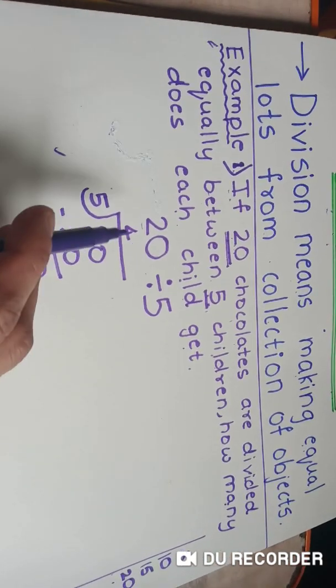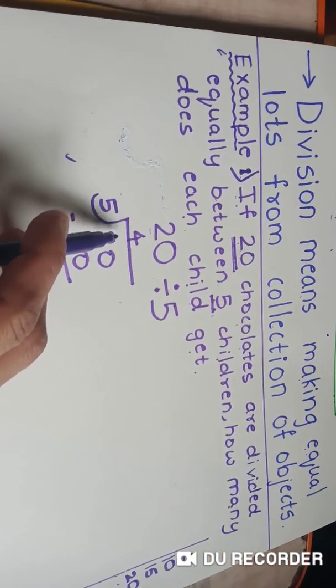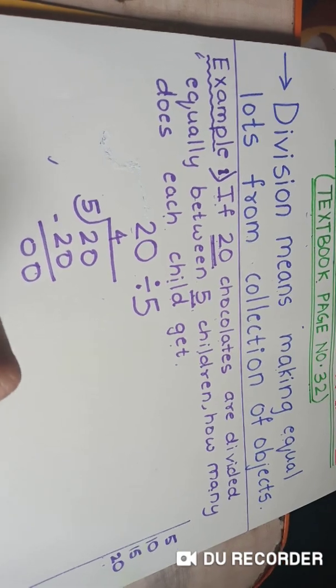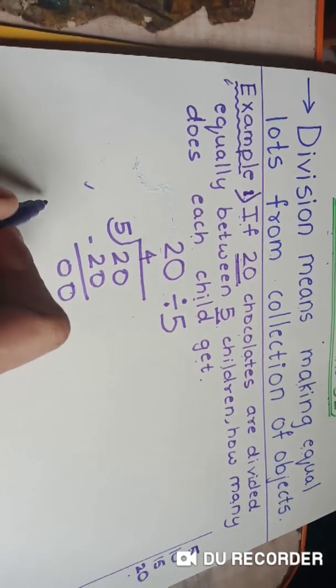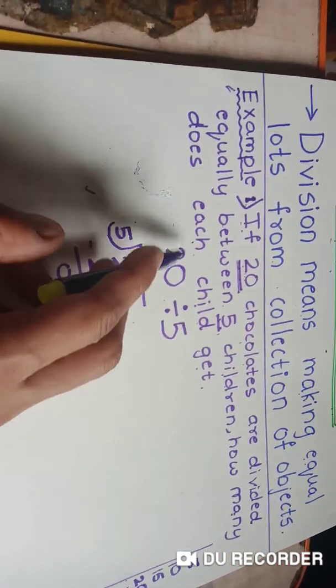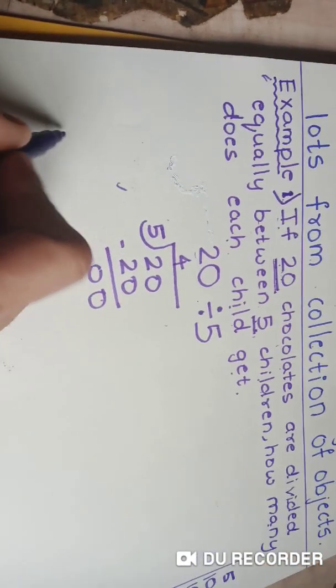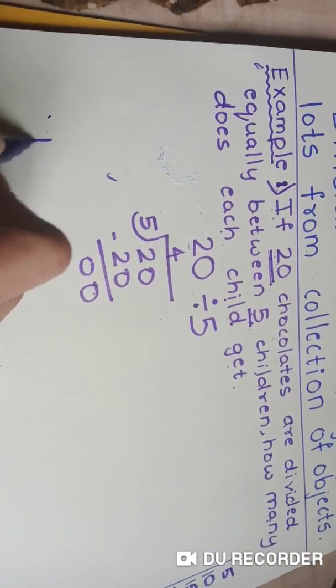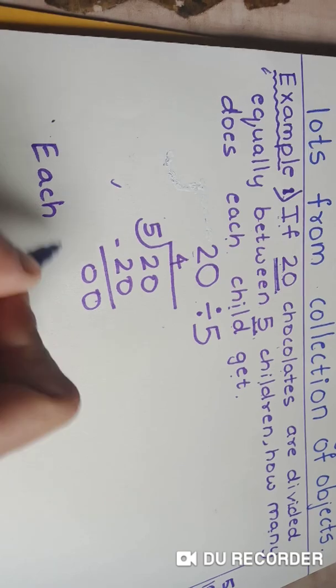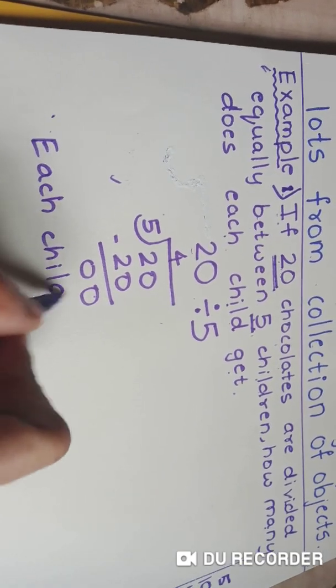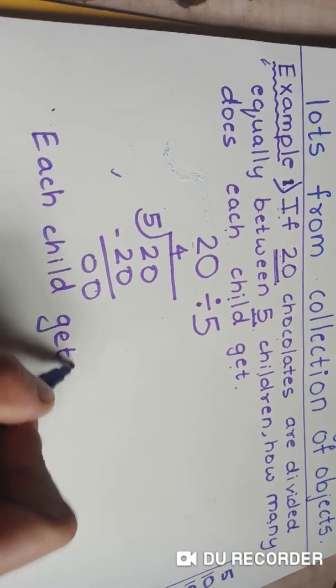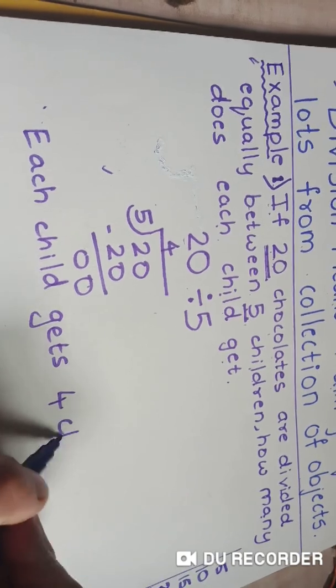The answer we have got here is 4. Therefore, how many does each child get? Therefore, each child gets 4 chocolates.